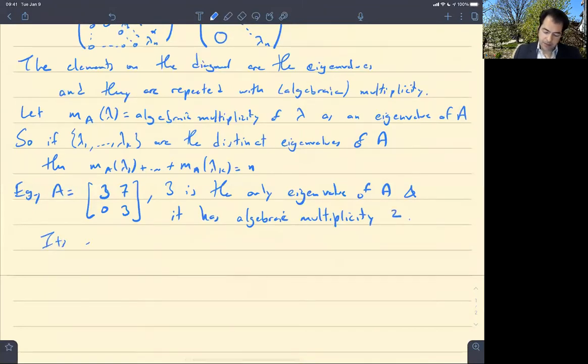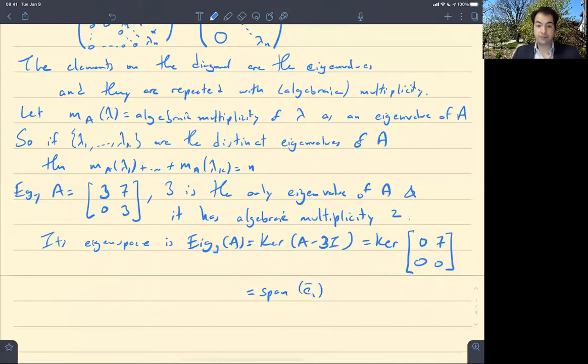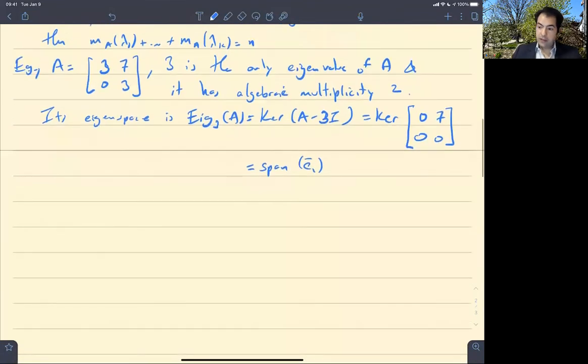On the other hand, its eigenspace is Eig 3 of A, which is the kernel of A minus 3 times the identity, which in this case would be the kernel of the matrix 0, 7, 0, 0. It's very easy to compute that that's equal to just the span of e1. So this has dimension 1. The dimension of the eigenspace is sometimes known as the geometric multiplicity.